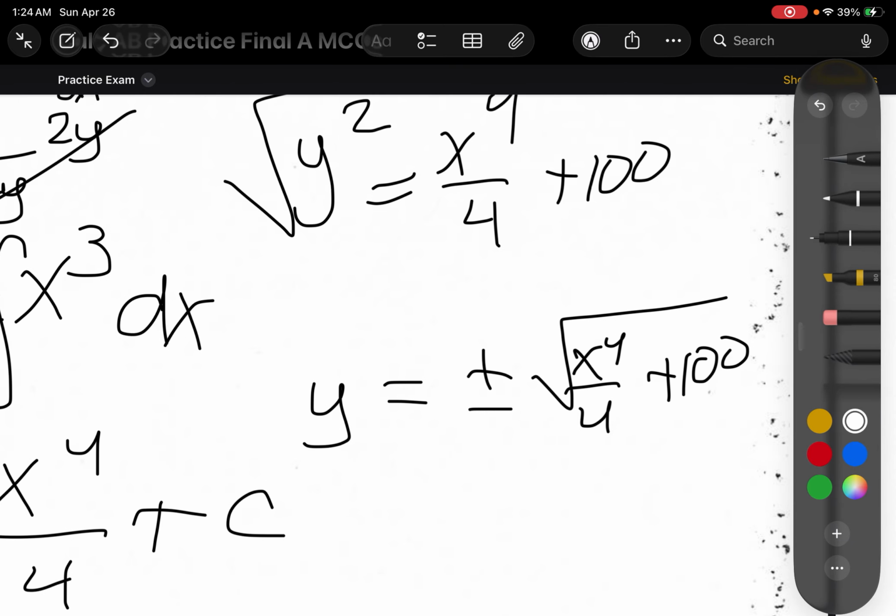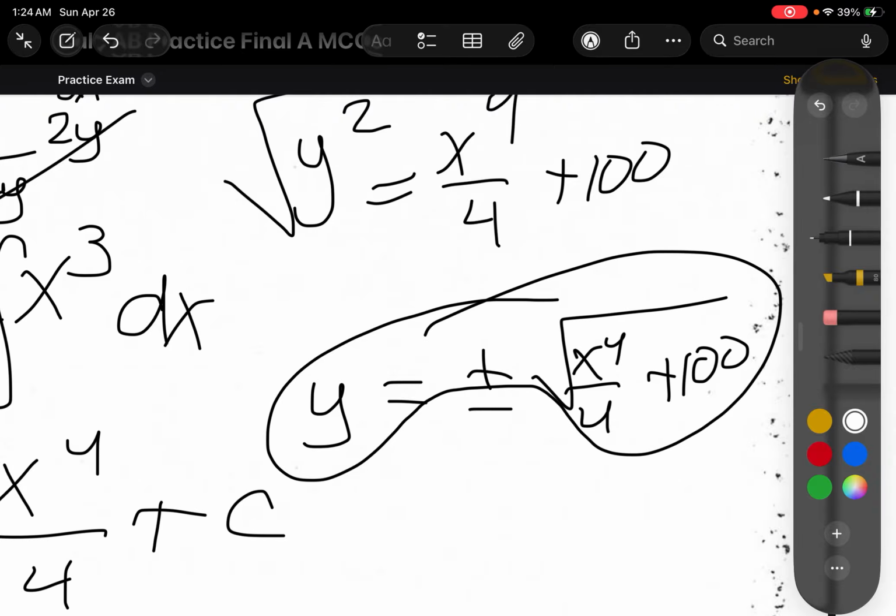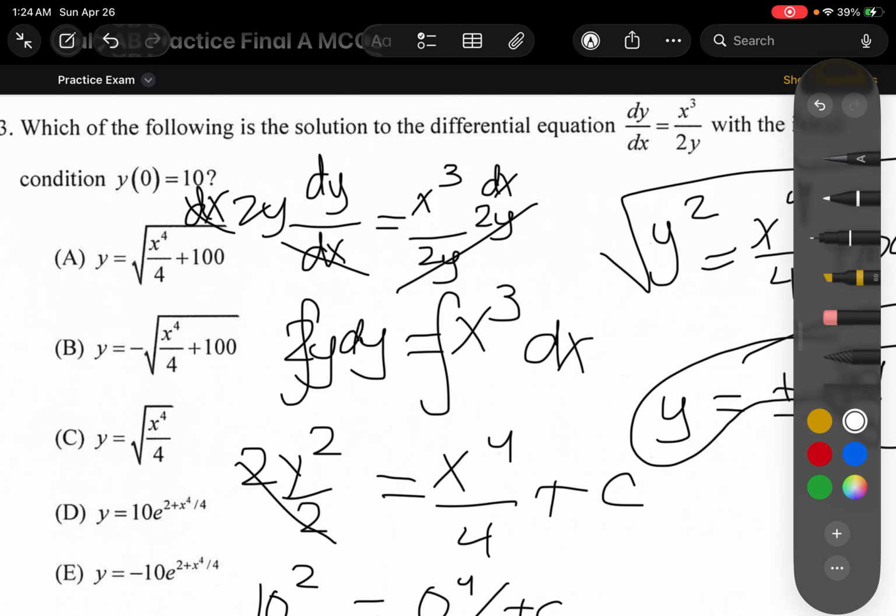And since our y coordinate 10 is positive, we're going to use the positive option. Our answer is going to be A.